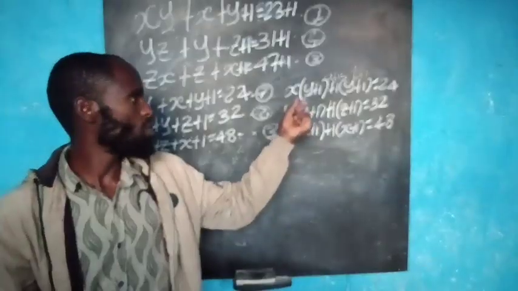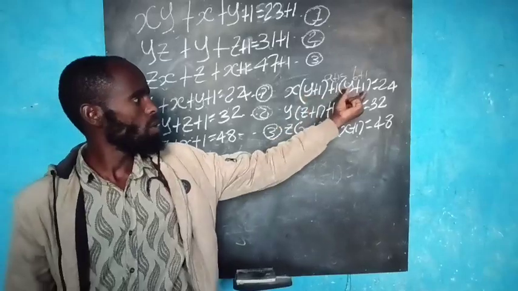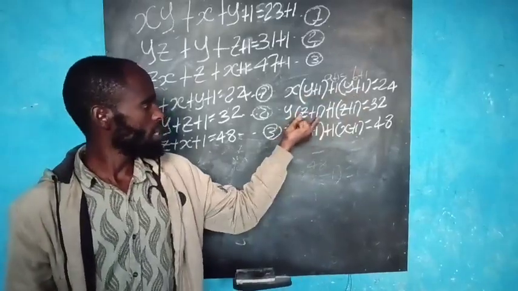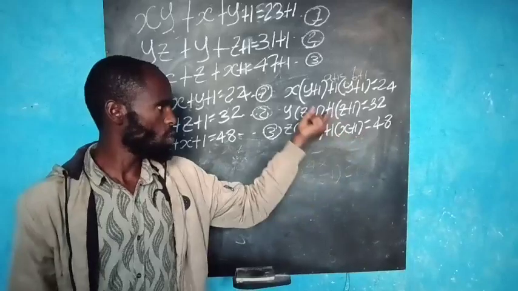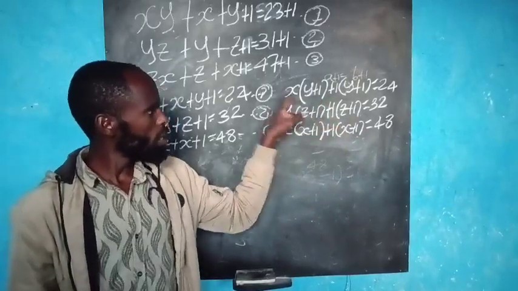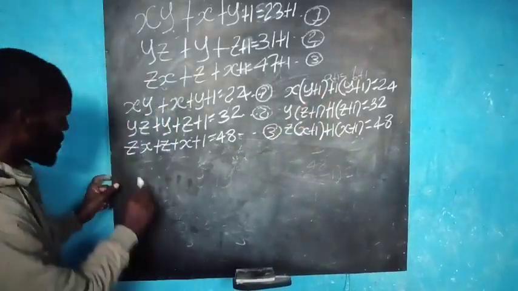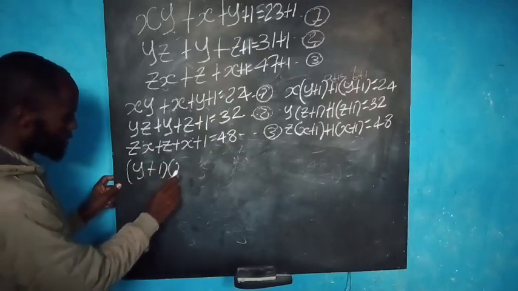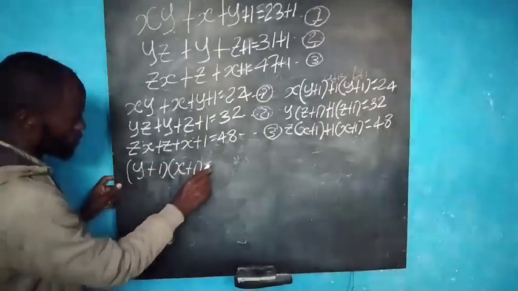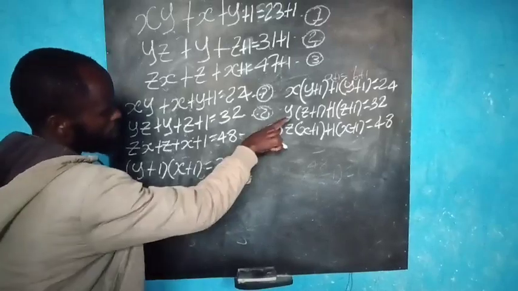What are the common terms? y plus 1, z plus 1, x plus 1. So y plus 1 times x plus 1 equals 24.